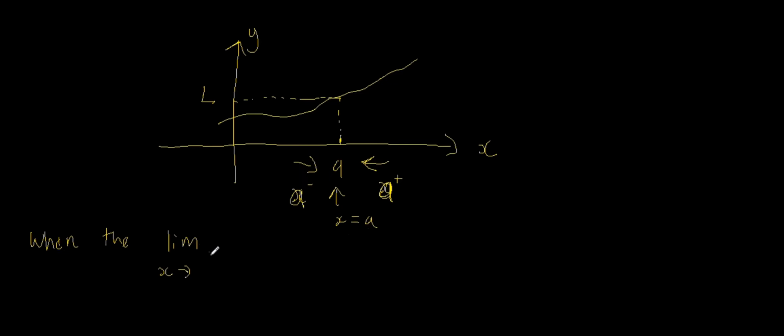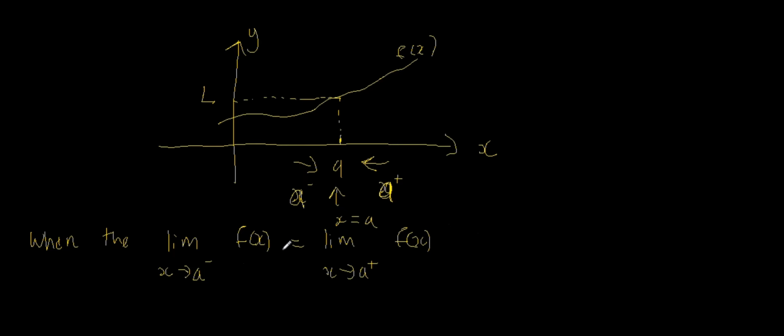So we see the limit as x approaches a from the left of the function f of x is equal to the limit as x approaches a from the right of f of x.